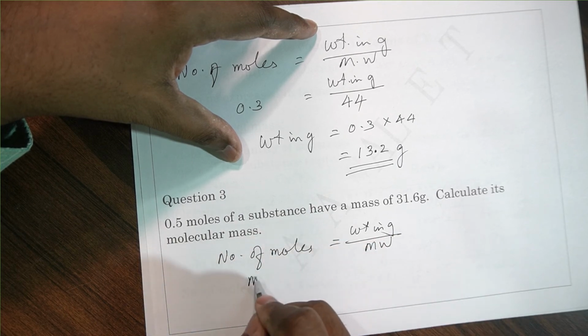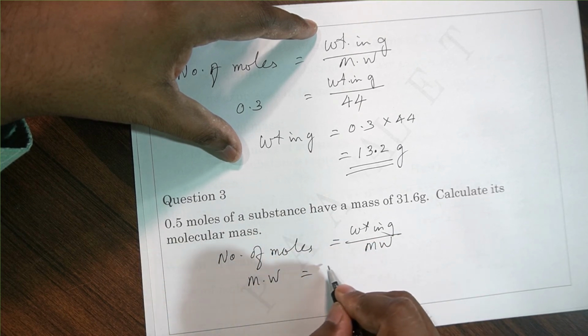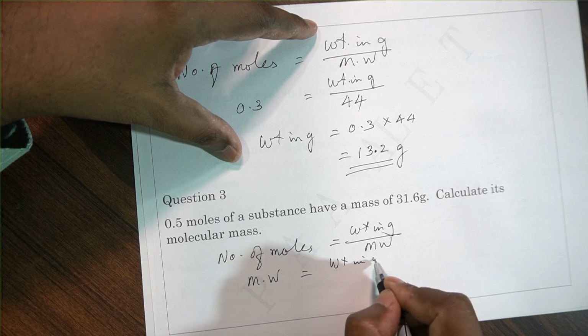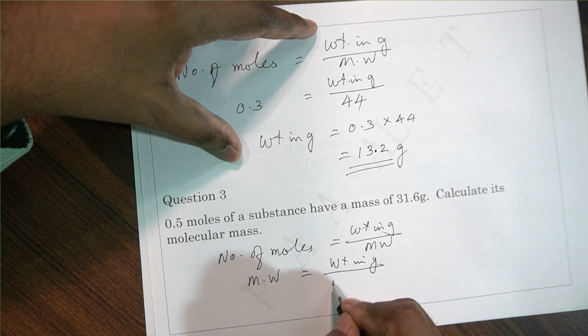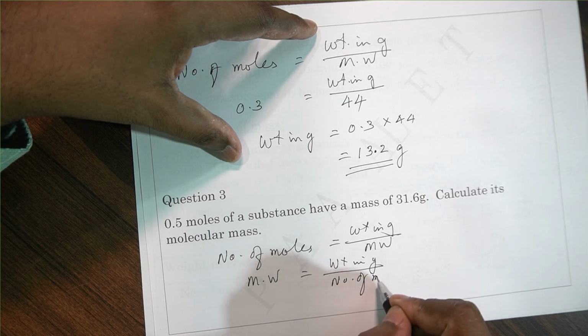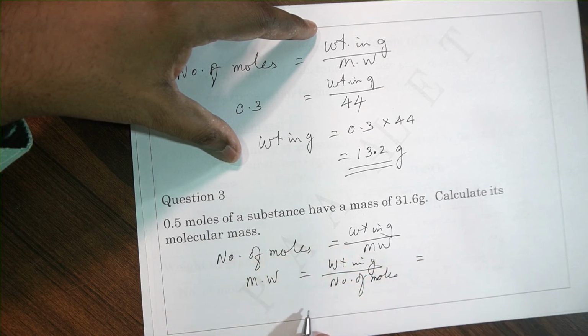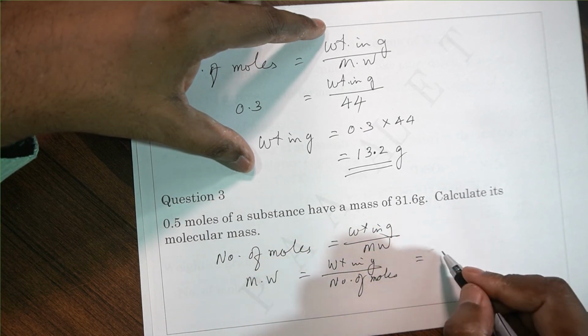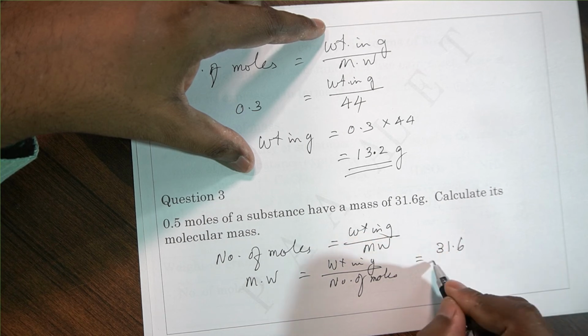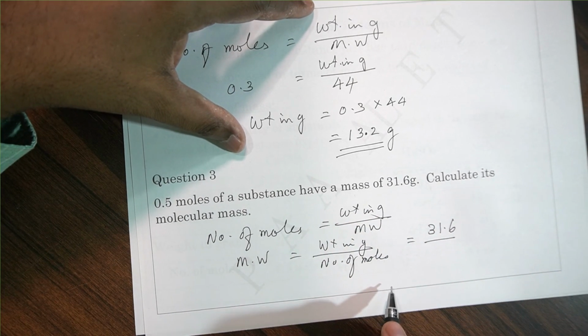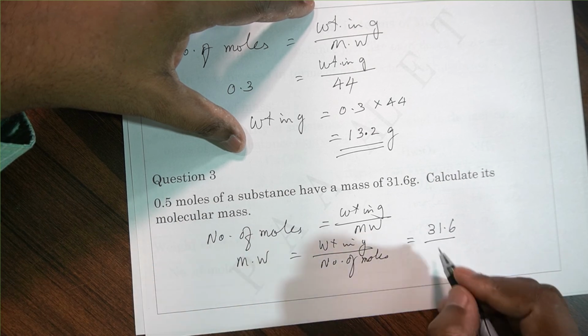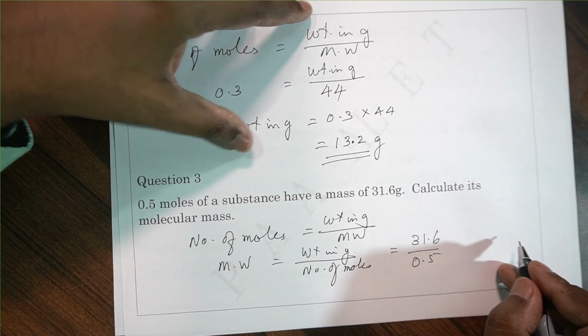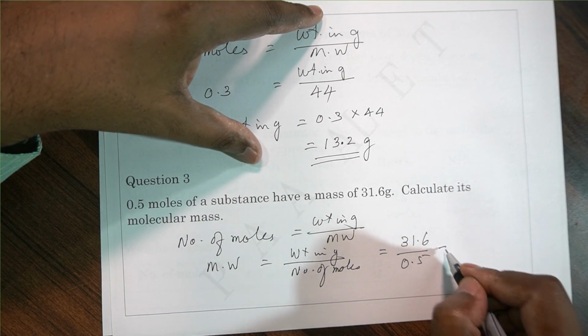Bring it this side. Molecular weight is equal to weight in grams divided by, this will come here, number of moles. Now look at the question. Weight in grams is given as 31.6, divided by number of moles given here, 0.5. So what will be the answer?